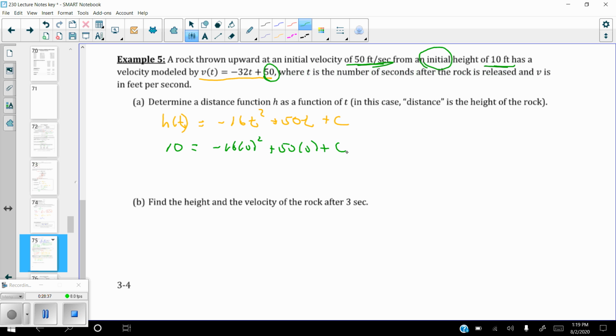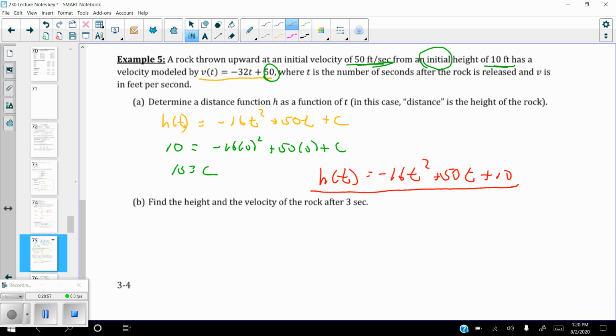Well, anything times 0 is 0, so what we get is that 10 equals c. And what that means is my height equation, h of t, is going to be negative 16t squared plus 50t plus our constant 10. That is the height equation.